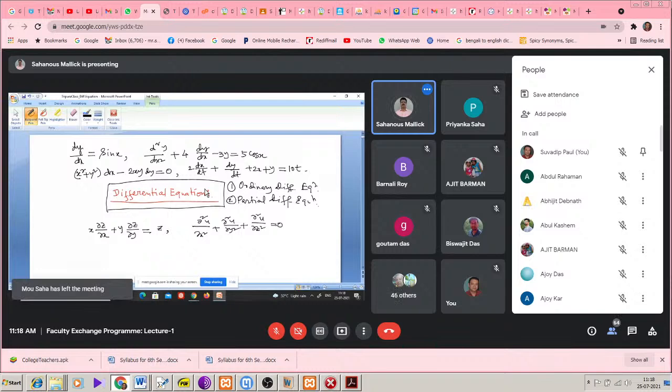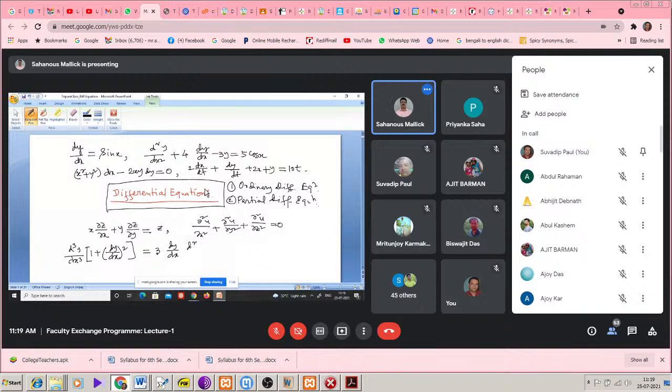So we now write another two examples of differential equations. d³y/dx³ = (1 + (dy/dx)²) ... equal to 3 dy/dx ... (d²y/dx²)².